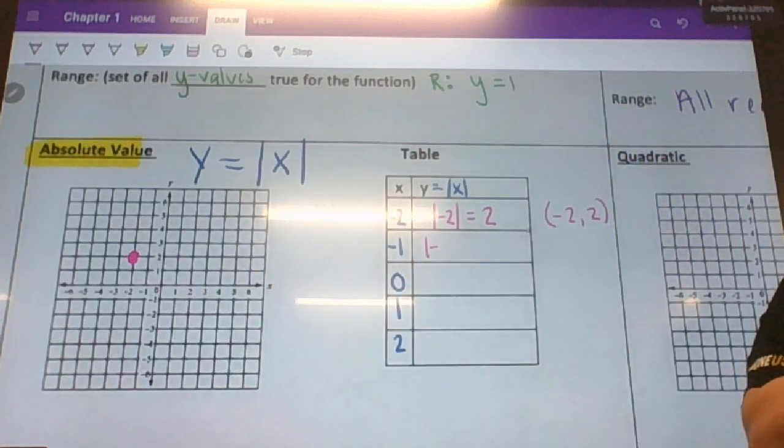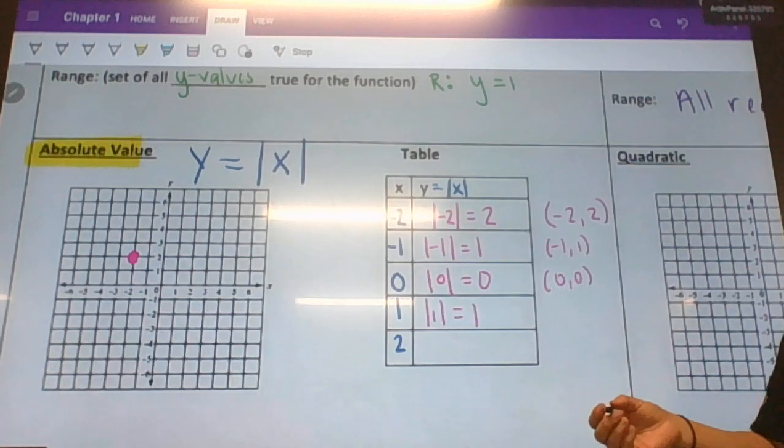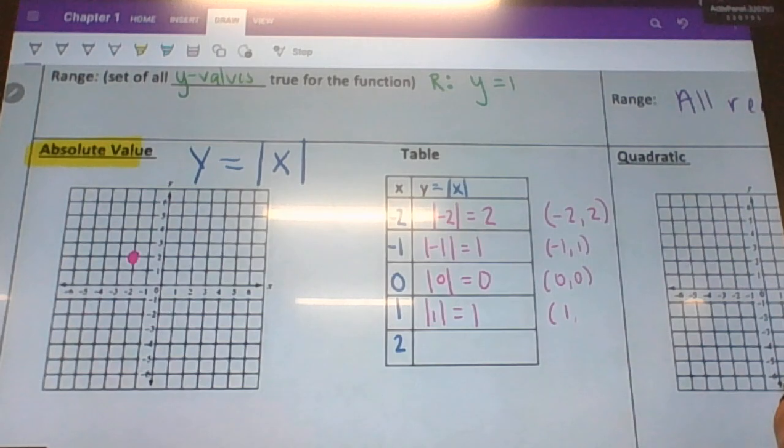We got the absolute value of -1, absolute value of 0, and then the absolute value of positive 1 is still positive 1. Absolute value is not opposite, it's just distance. So the bars just make everything positive.